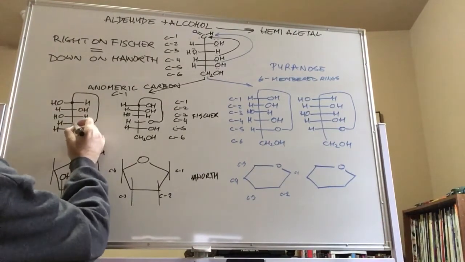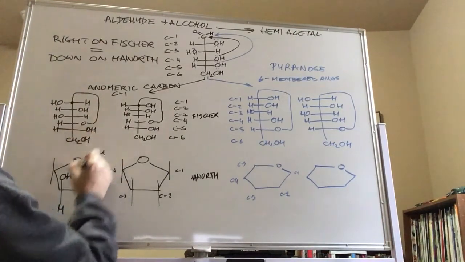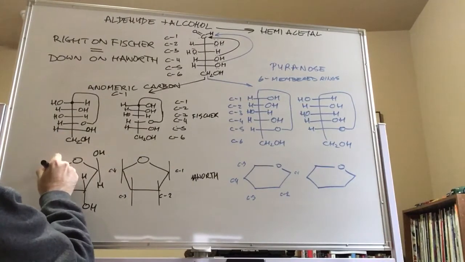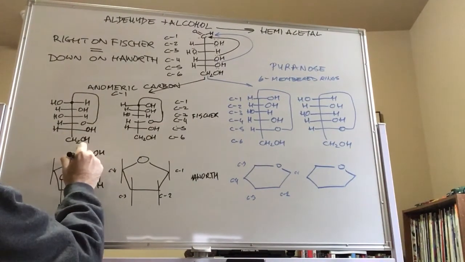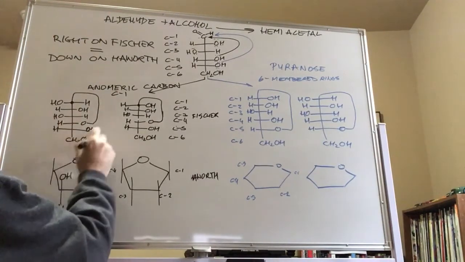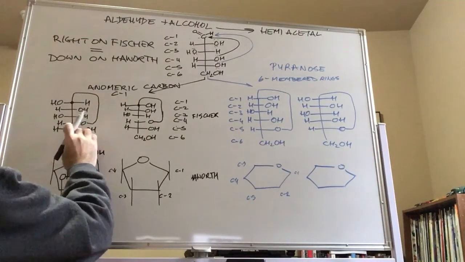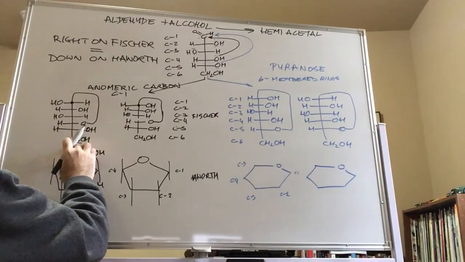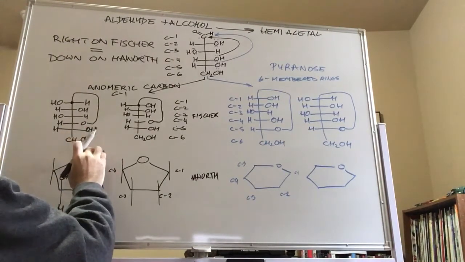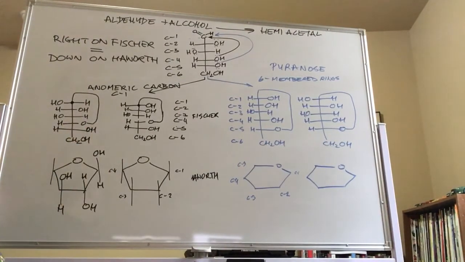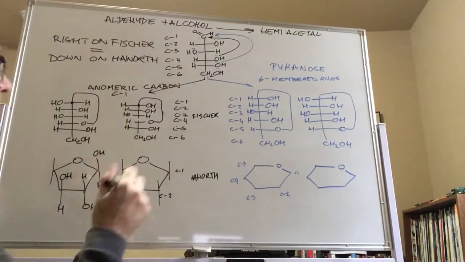Then we get to carbon number 4. And carbon number 4 is where the ring meets the ether. And anything else that dangles off the ring, carbons 5 and 6, those are typically drawn just pointing up.